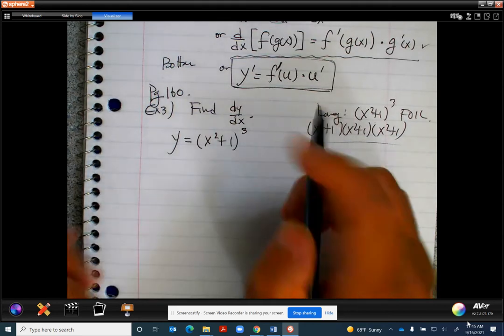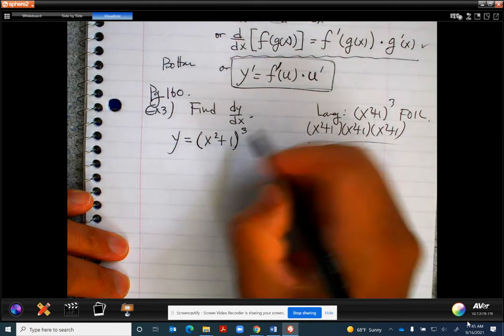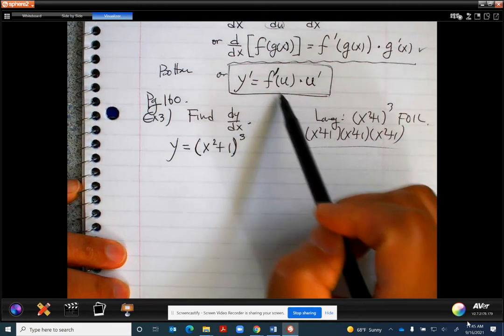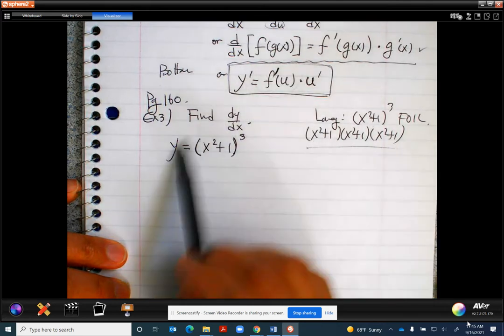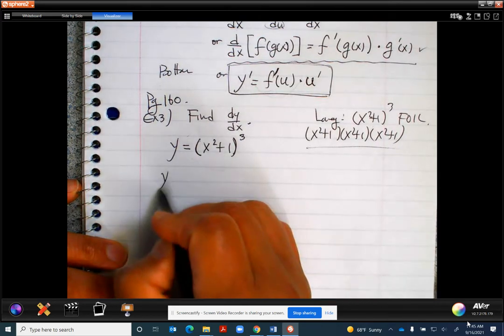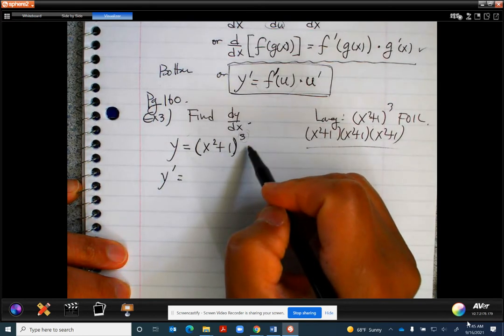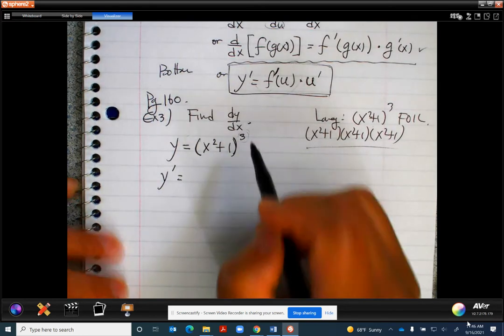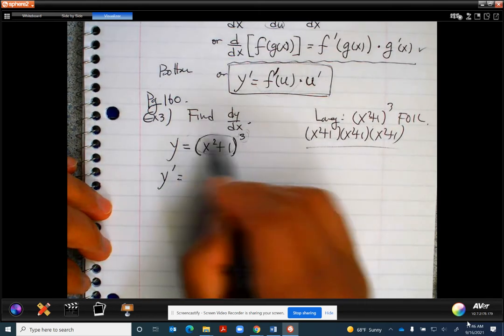But chain rule will be a shortcut to this. Do you see this parentheses? The chain rule says, what is outside? You want to take the derivative of what is outside. So when you look at this function, what is outside? 3 is outside of the parentheses, so you're using the power rule. Think of this as a circle to the third power.